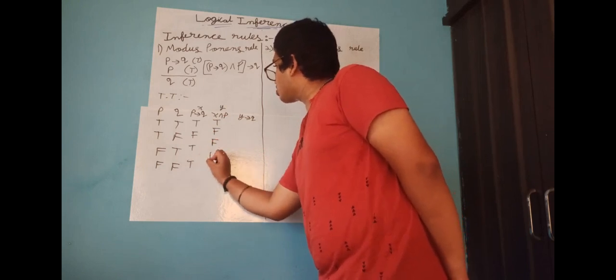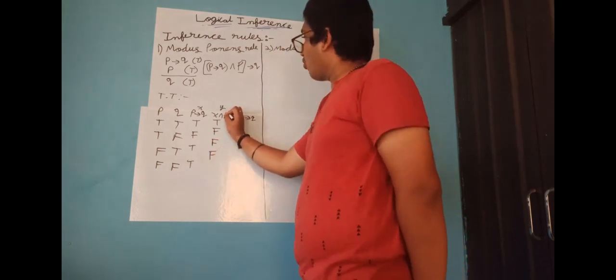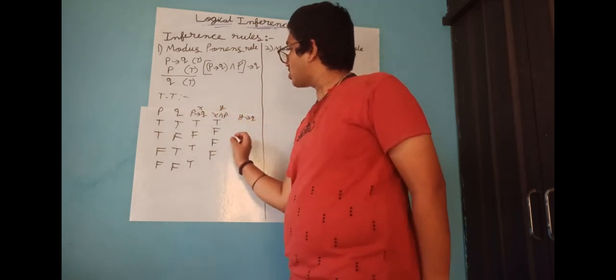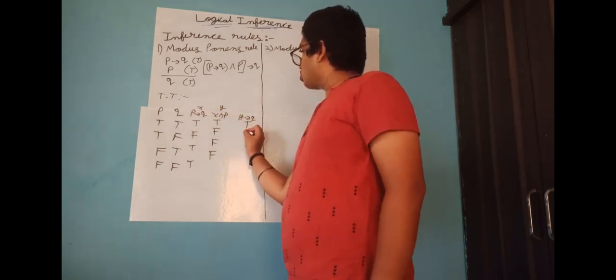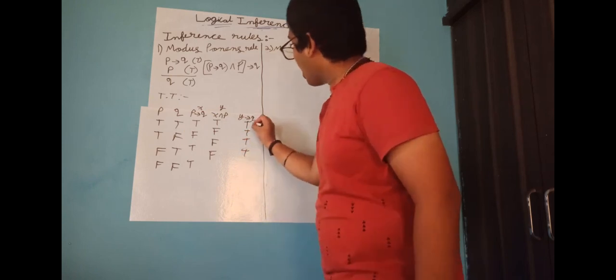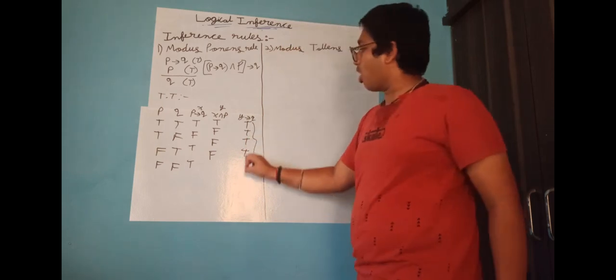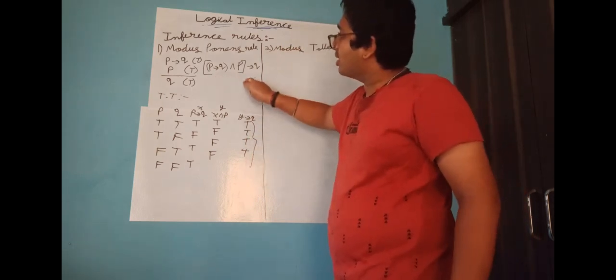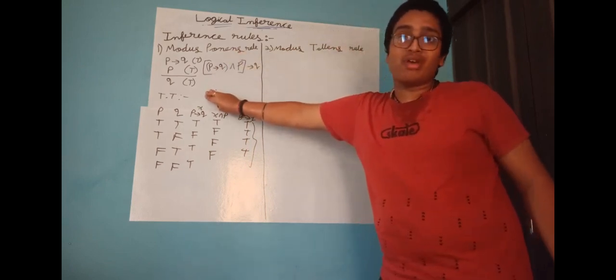True and false, false. This is Y. Now what we need to do? Y implication Q. True implies true, true. False, false, true. False, true, true. False, false, true. Now if you see, all truth values are true. So this becomes the tautology. Hence the modus ponens rule is verified.